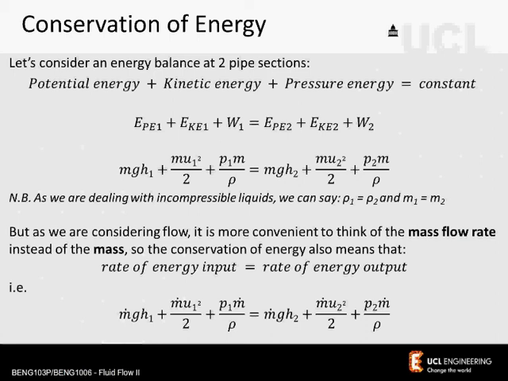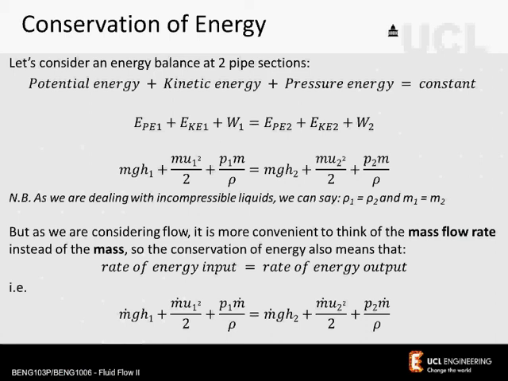Note that as we are dealing with incompressible fluids generally, we can say that the density at points 1 and 2 are the same, so density 1 is equal to density 2, and the mass at the 2 points is also the same. But as we are considering flow of fluid, it's more convenient to think of the mass flow rate, m dot, instead of mass, m.